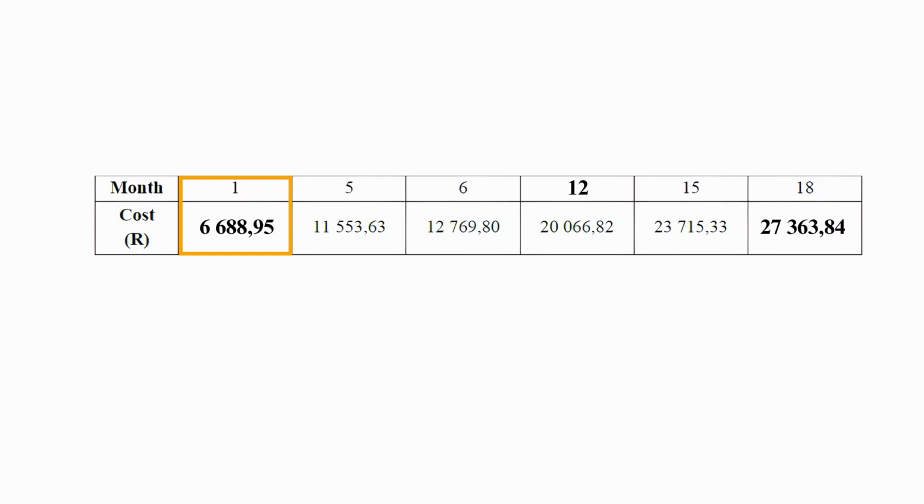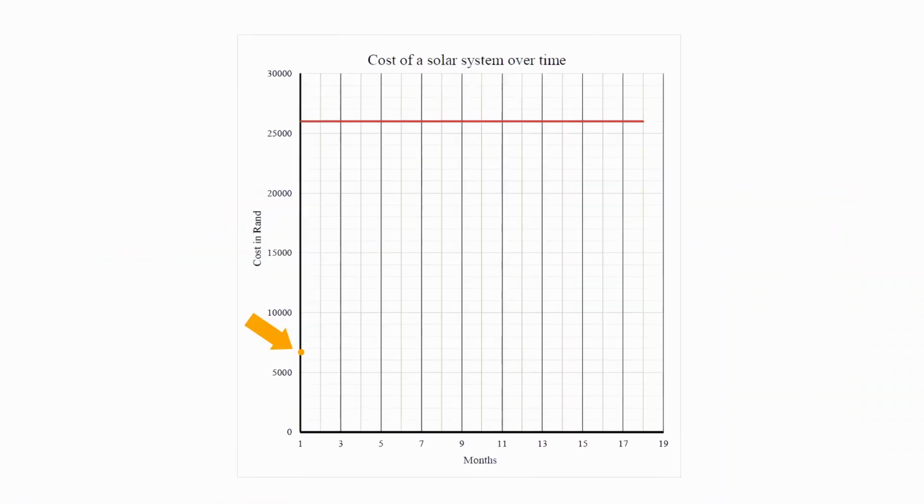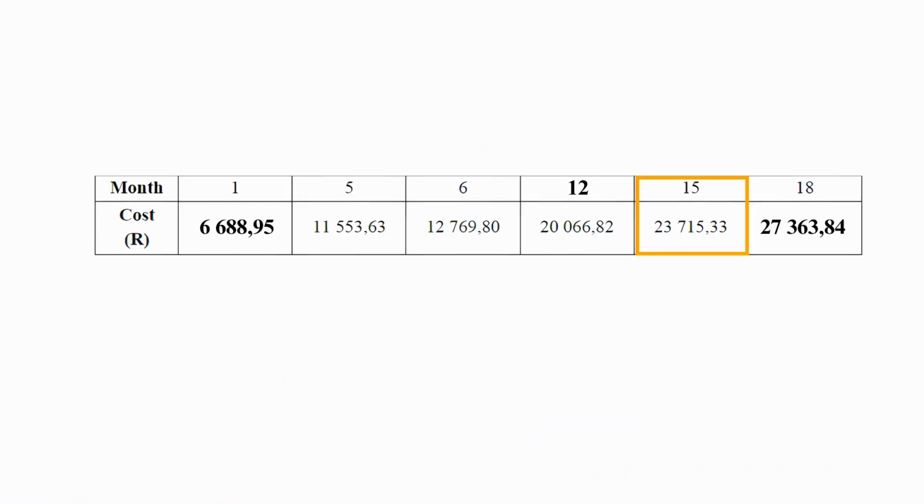So the first step is to plot the starting point. In this case, the starting point is at month 1. The cost for month 1 was calculated to be 6,688 Rand 95 cents. So we plot a point at month 1 and 6,688 Rand 95 cents. Step 2 is to plot any other point in the table.